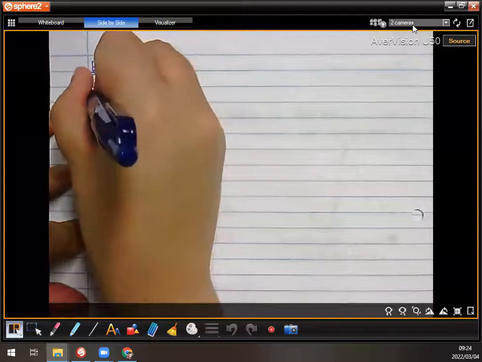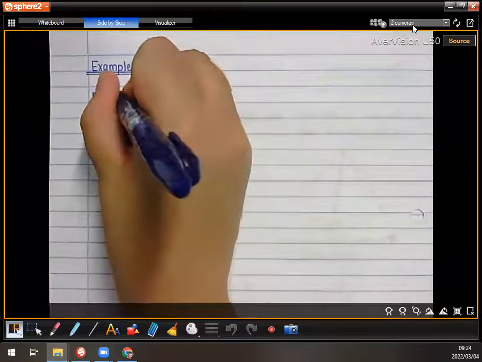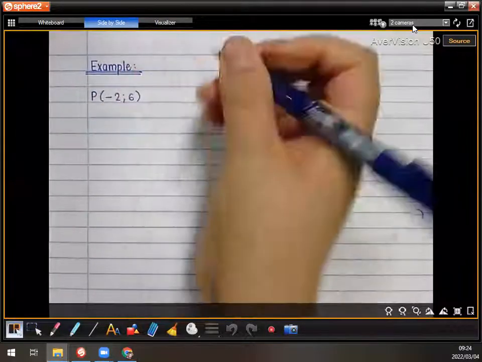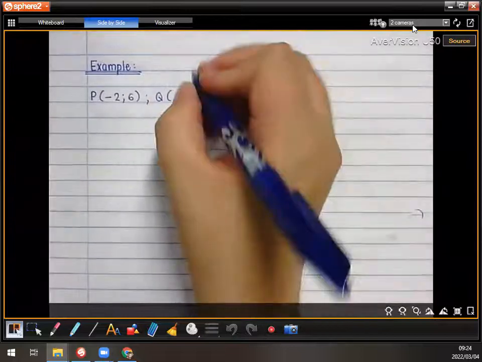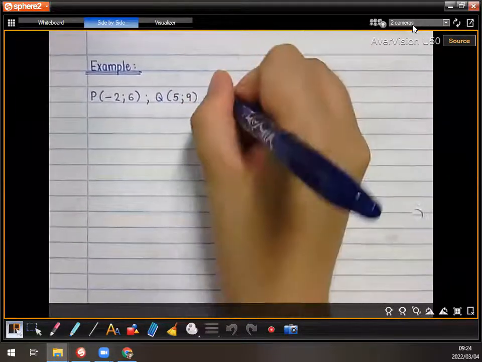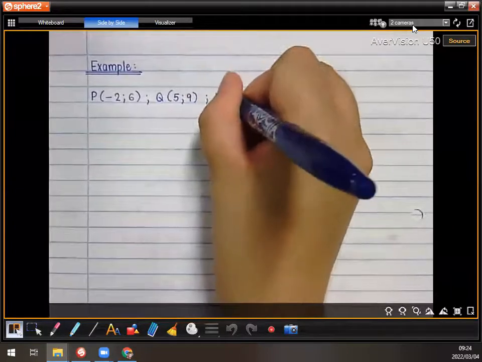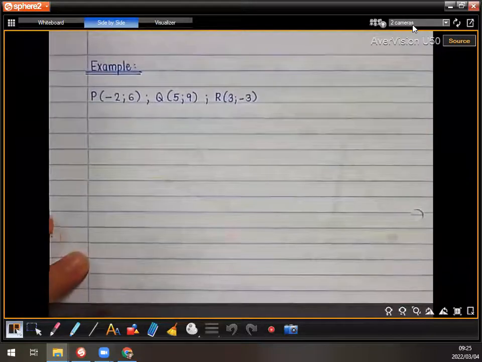Okay, we are working with P, which is the point (-2, 6), and then the point Q, which is (5, 9), and R, which is (3, -3). Those are the 3 points that are given.